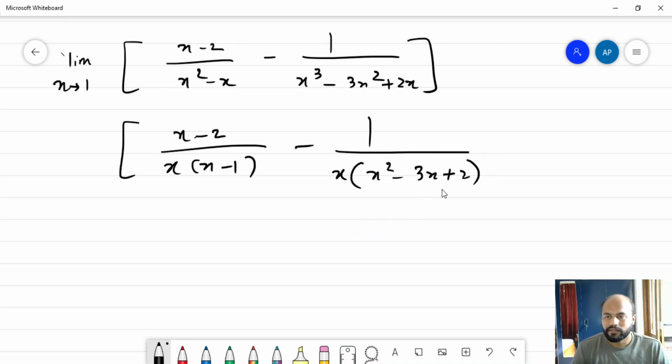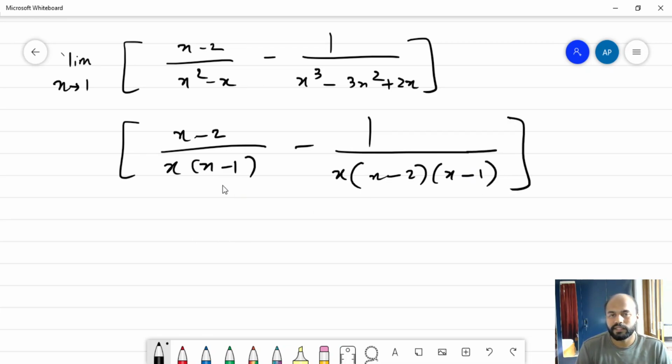So x square minus 3x plus 2, the roots are going to be 2 and 1. So this particular part we can write as (x minus 2) into (x minus 1).